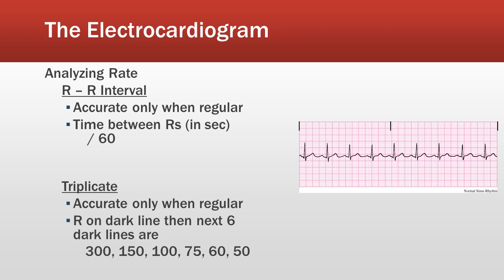So the next line to the right would represent a rate of 300. The second line would represent a rate of 150. The third line would represent a rate of 100. And right after that third line, you'll see another R wave in a QRS complex. So we know our heart rate is less than 100 and somewhere between 100 and 150. The triplicate method's not extremely accurate, but it'll get you in the ballpark.